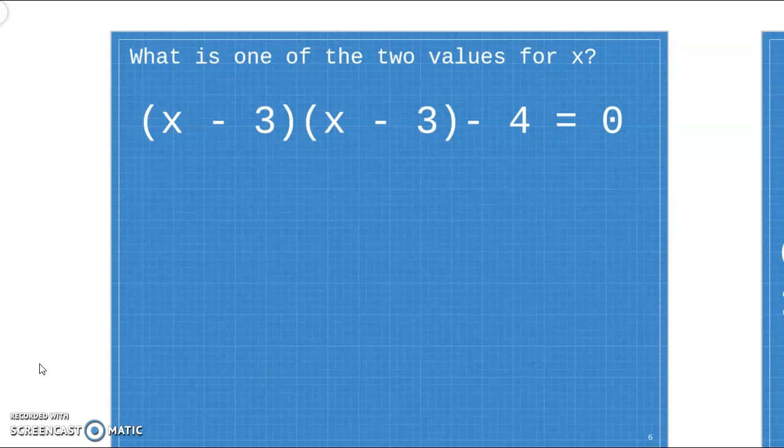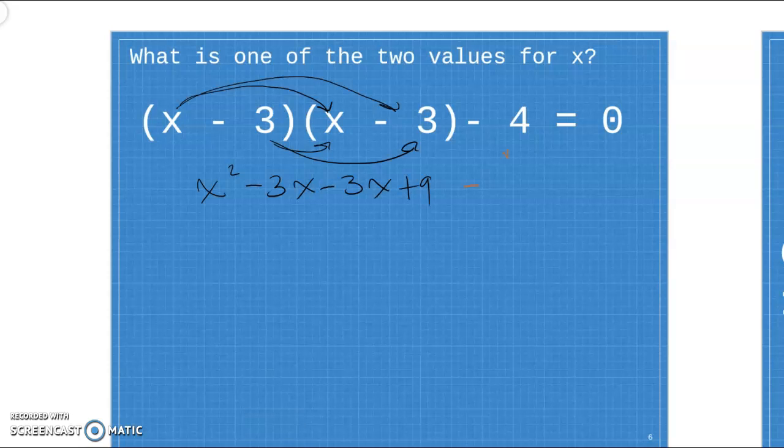All right, so it says, what is one of the two values for x? So in this case, I can add the 4 to both sides. I mean, I can, but the easiest way to do this is we're going to actually FOIL this out, meaning I'm going to distribute and figure out what my final answer is, just like what we've been doing the last time.